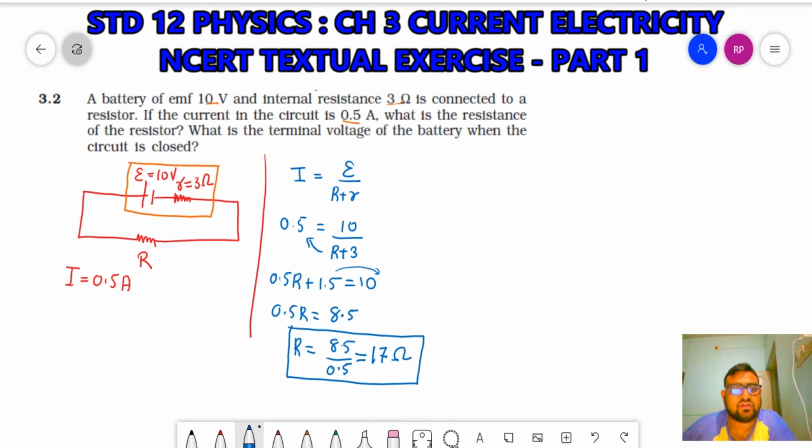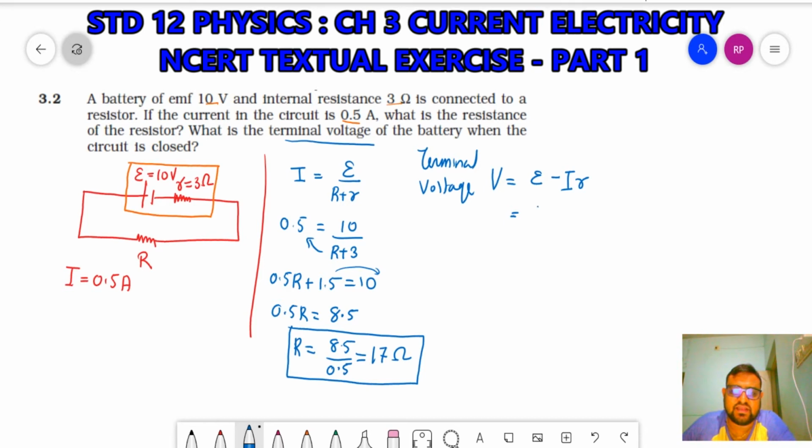Now the next question is, what is the terminal voltage? The formula for terminal voltage V is equal to EMF epsilon minus I r. What is the EMF?